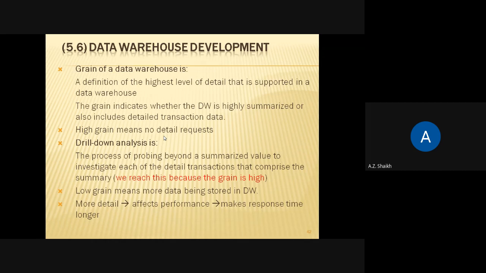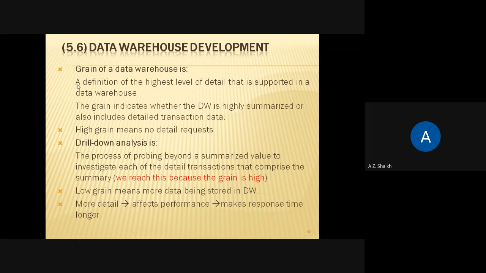Now grain, granule, means what? Grain means a part. You know there is a saying in Marathi, चितावरून भाताची परीक्षा.